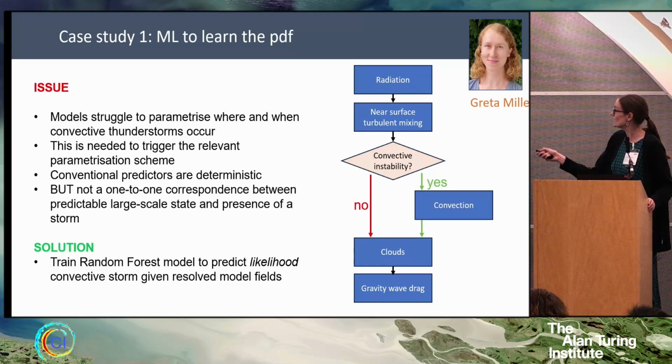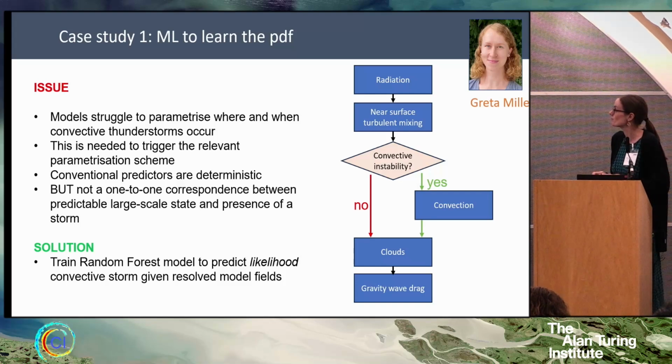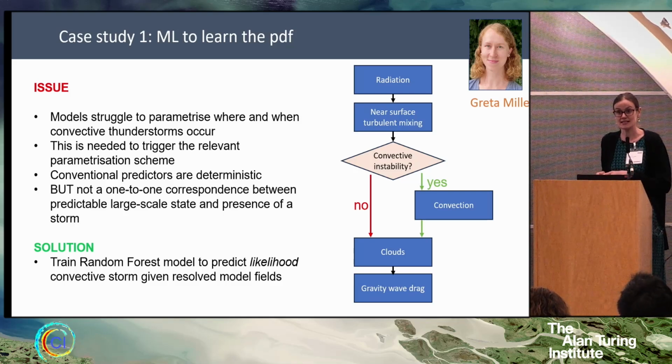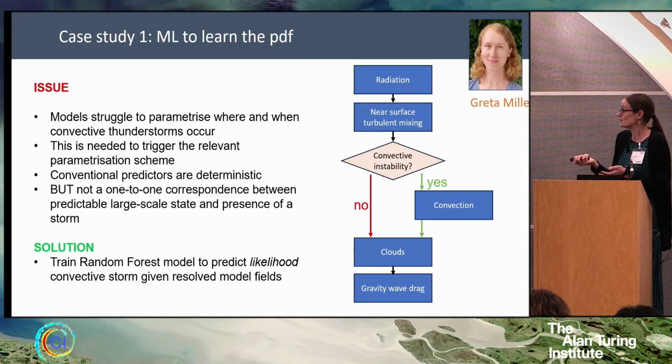This if statement is trying to assess whether there is convective instability and whether we should trigger the code. The conventional predictors that we use are deterministic, and we know that they're a massive source of error in our forecasts. We also know that part of this is because there isn't a one-to-one correspondence between the resolved scale state and the presence of a storm.